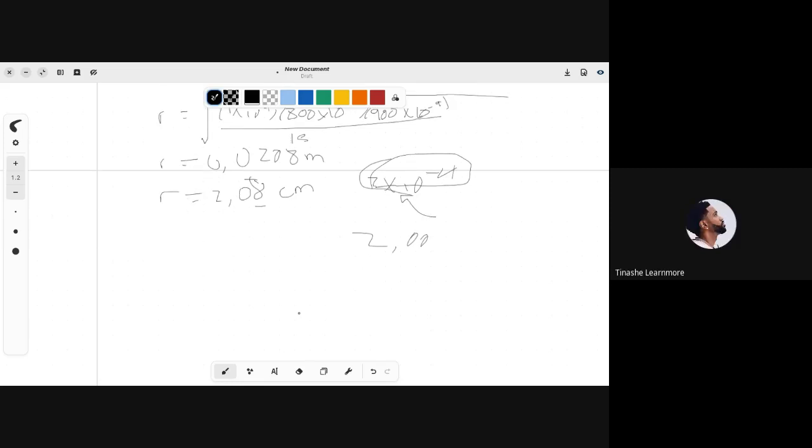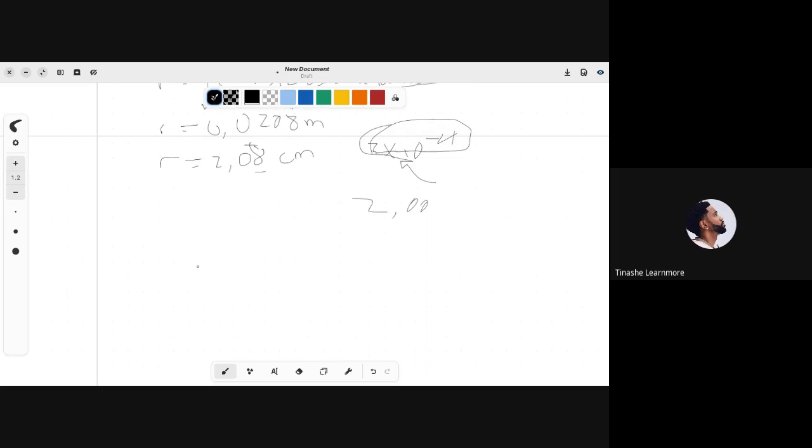Then let's take another one. You are told a force of 500 newtons exists between identical 2-point charges that are 40 centimeters apart.